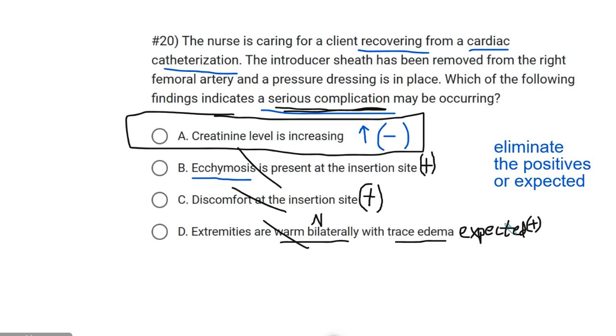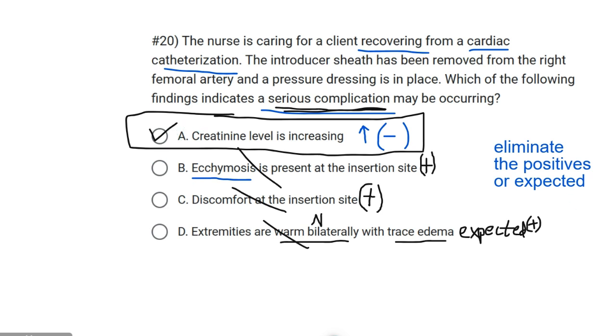Remember, these patients will be getting contrast dye or radiopaque dye during the heart catheterization, and that can cause injury to the kidneys if it's not flushed properly. So we do want to continue IV fluids on this patient, but we would have to update and let the healthcare provider know that their creatinine is increasing from their baseline.